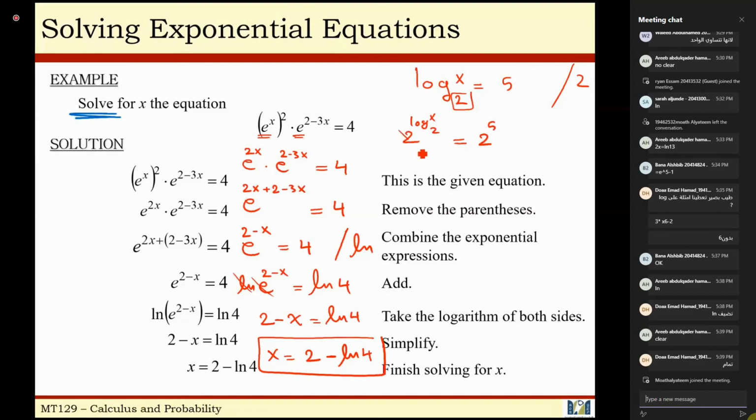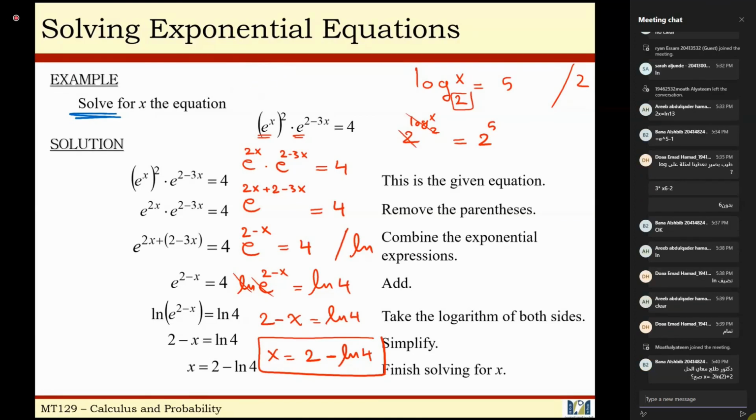So now we can remove the 2 with log 2, because e removes log e. Okay, e removes log e. Log e, this is the ln. So 2 removes log 2. So we have x equal to 2 to the power 5. This is equal to 32.